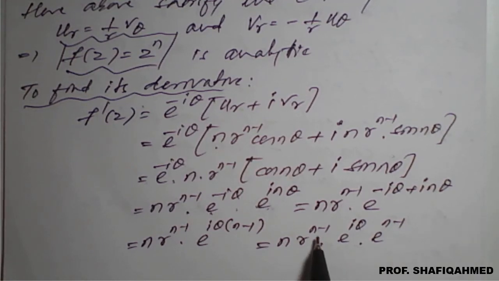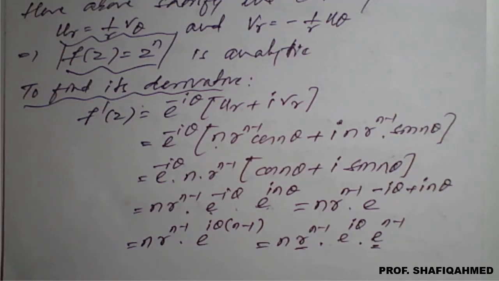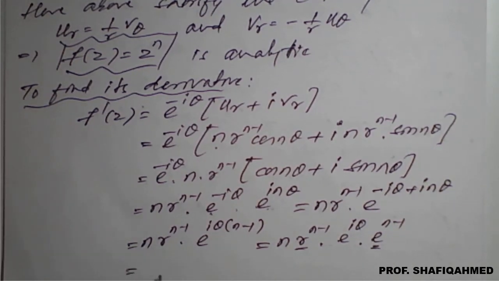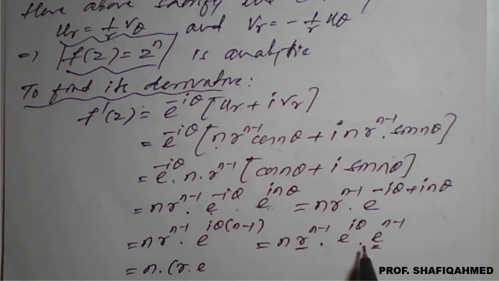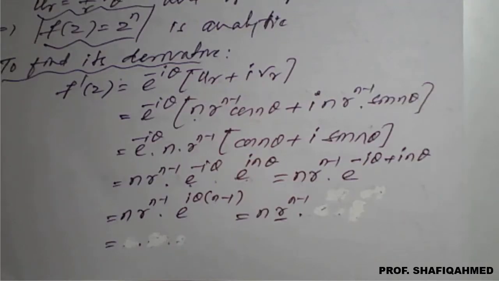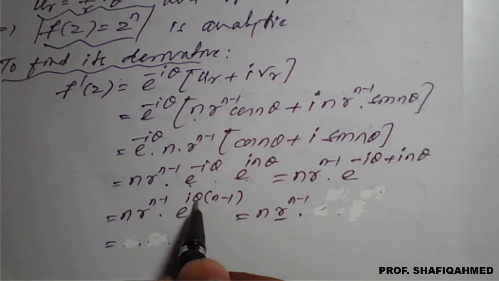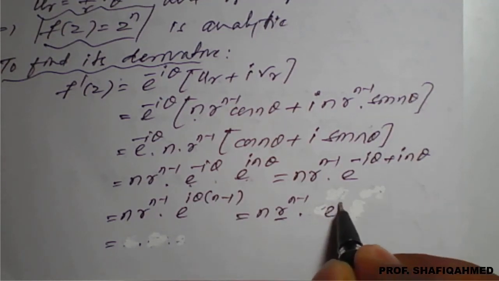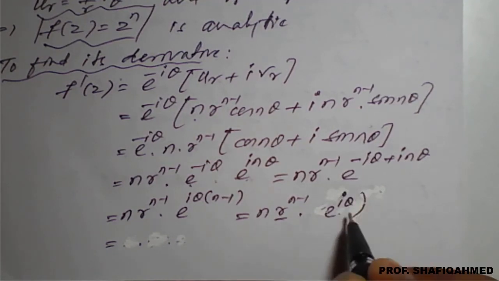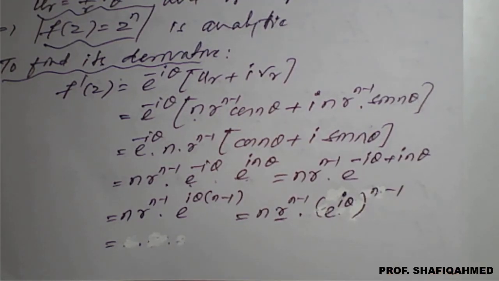So for this and this, the powers are the same, so we can multiply the bases, that is n into r into e. Or else I will rewrite e raised to i theta into n minus 1 as e raised to i theta whole raised to n minus 1.